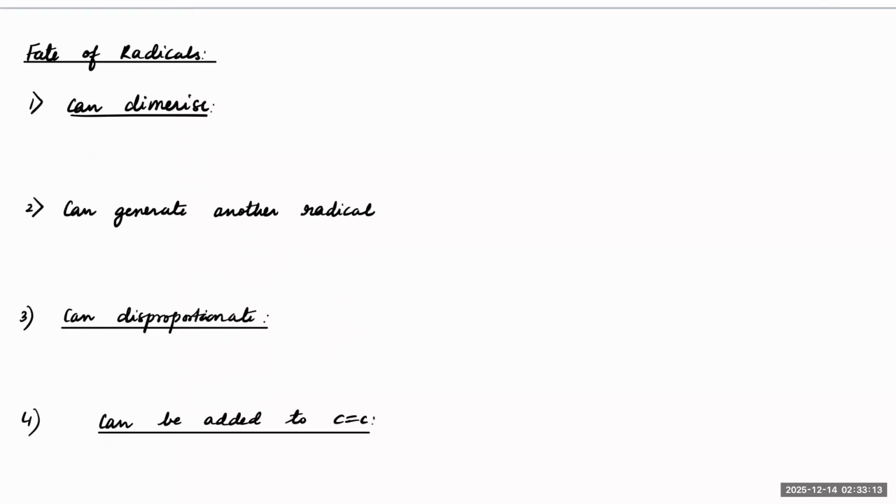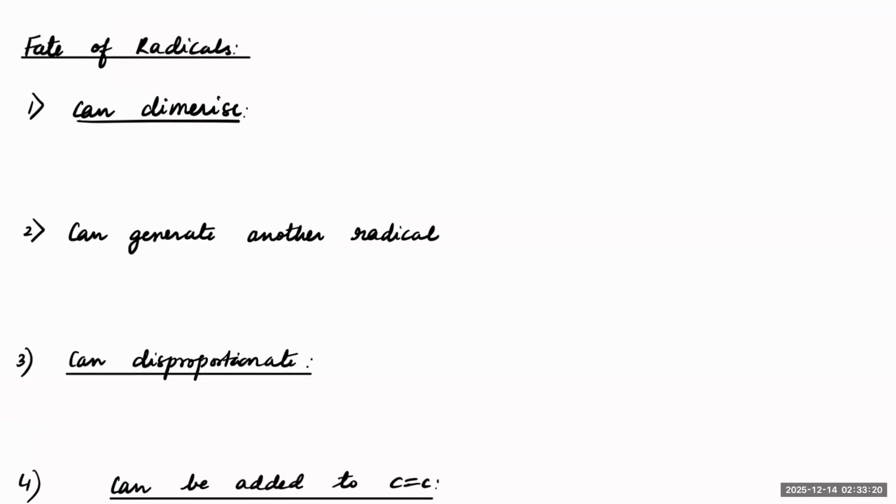Now, what is the fate of radicals, everybody? What would happen to the radicals here? See, radicals more often try to terminate themselves. That is, R dot plus R dot will convert into R-R form. Okay, next.